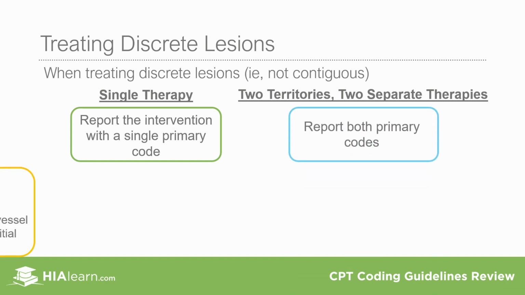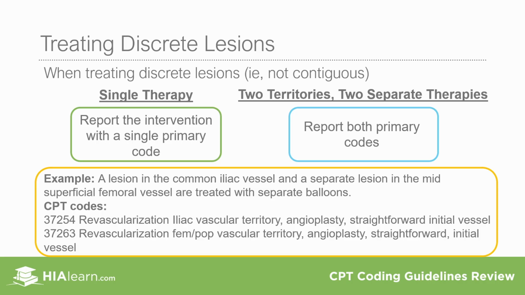For example, if a patient has a lesion in the common iliac vessel and a separate lesion in the mid-superficial femoral vessel, which are treated with separate balloons, the CPT codes for that session include 37254, revascularization, iliac vascular territory, angioplasty, straightforward initial vessel, and 37263, revascularization, femoral and popliteal vascular territory, angioplasty, straightforward initial vessel.